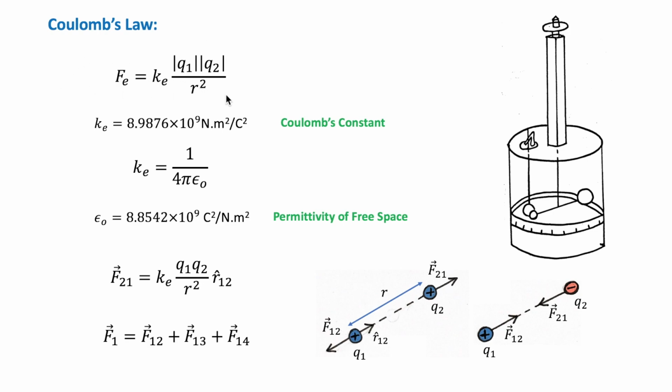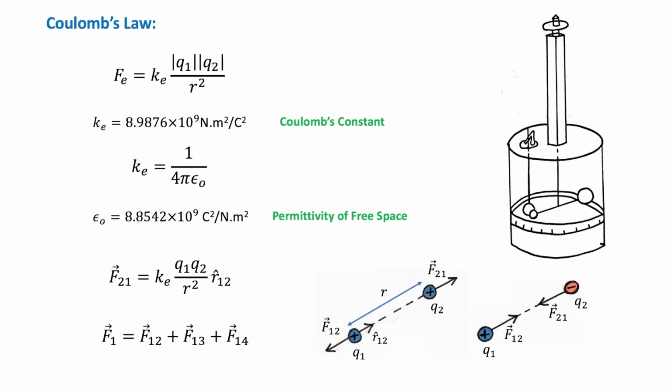Note here that we consider the small spheres as particles, so we use the particle model of an object that we discussed in the videos of mechanics. This is possible for charged objects that are very small compared to the distance between them, and so we can consider them as particles and apply Coulomb's law.